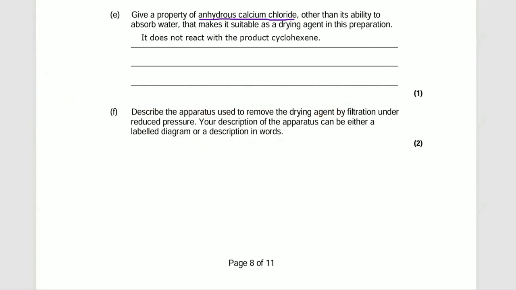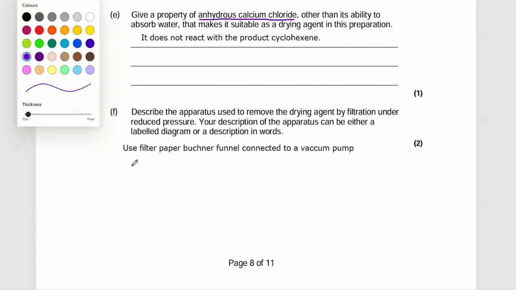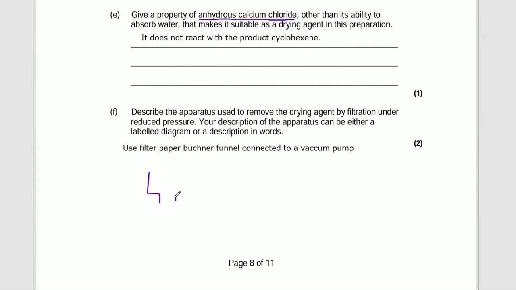Describe the apparatus used to remove the drying agent by filtration under reduced pressure. Your description of the apparatus can either be a labelled diagram or a description in words. So we want to place the drying agent with the solution in the top of some filter paper in a Buchner funnel. The Buchner funnel can then be attached to a flask with a vacuum pump coming out the side.